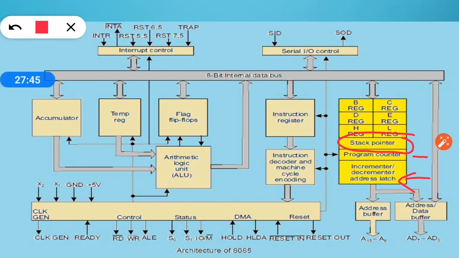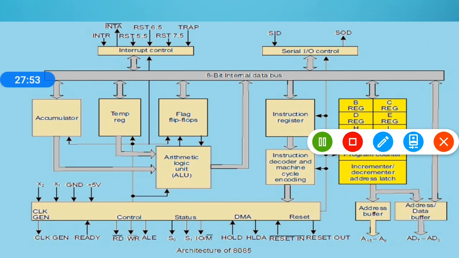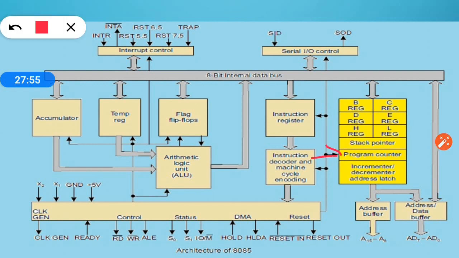This block is used for increasing or decreasing the contents of the program counter. We know the program counter holds the 16-bit address of the next instruction. So this incrementer and decrementer block is used for increasing or decreasing the address of the program counter, as well as for the stack pointer.